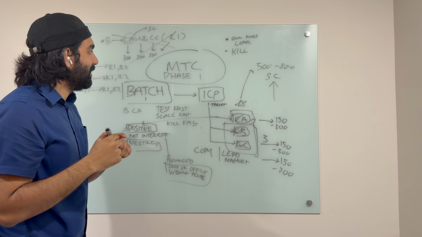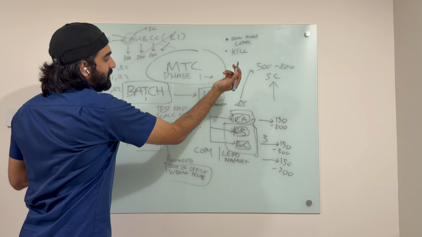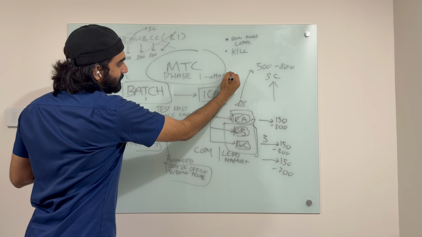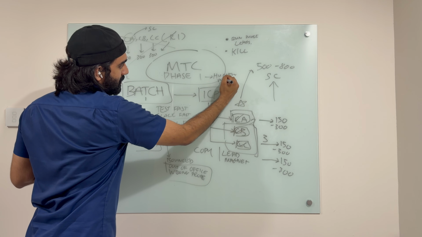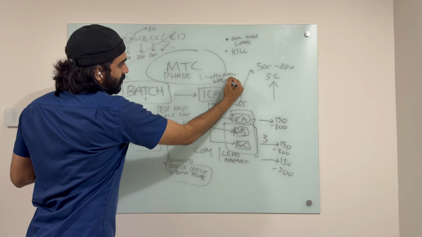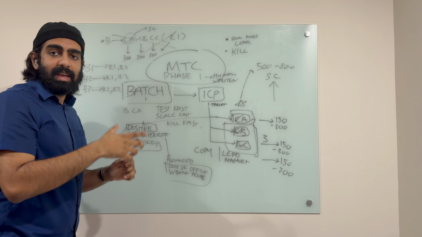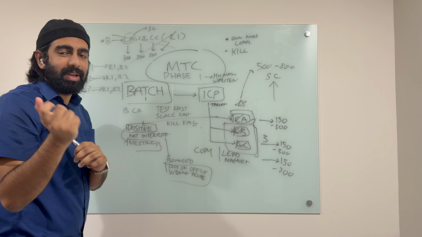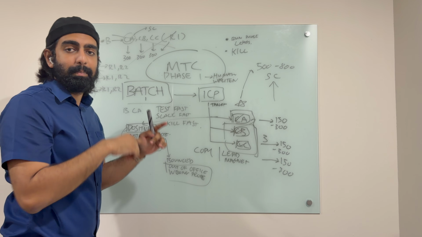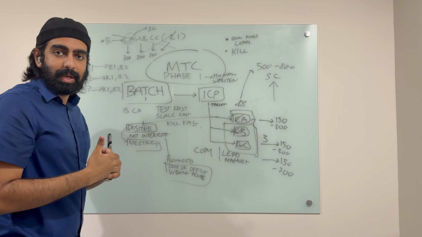Just before I forget, phase 1 means it's always human written. It means that in my phase 1, most of the campaigns, even though I might use AI to ask for help and everything, every campaign is launched by me.